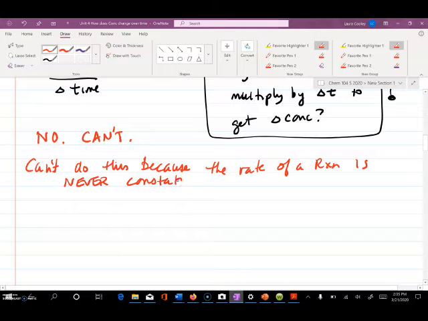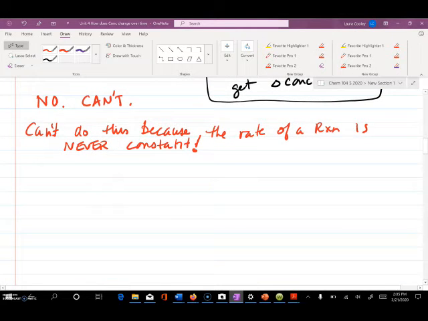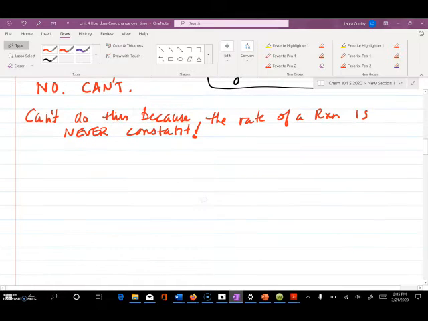Why is it never constant? Well, because the rate always depends on the concentration of reactant, and the concentration of reactant is always changing as that reactant gets used up.